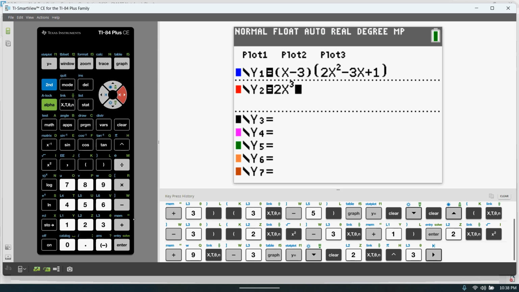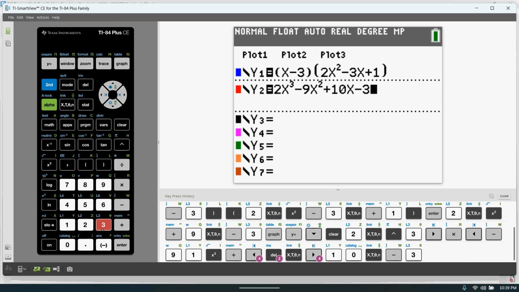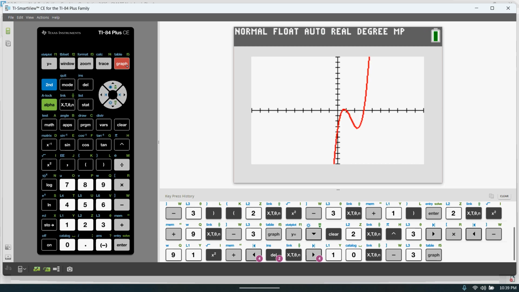Arrow to the right, minus 9x squared, then plus 10x, and then minus 3. And then we hit graph. Okay, and then, yeah, it's the same thing.